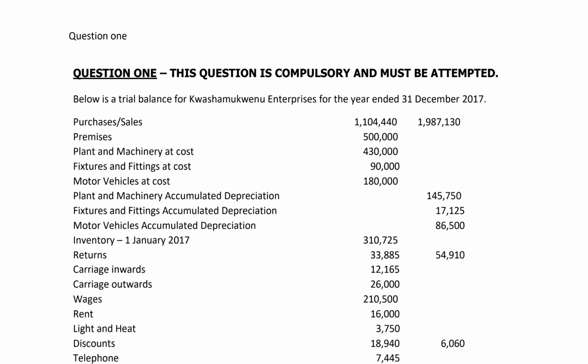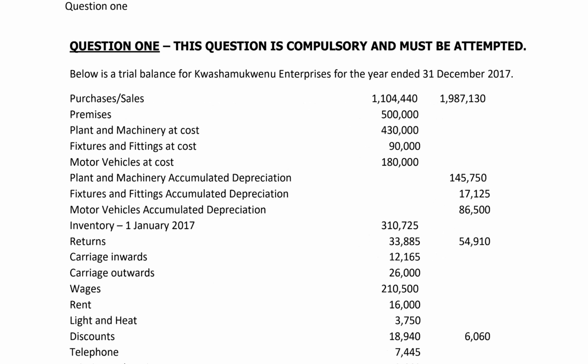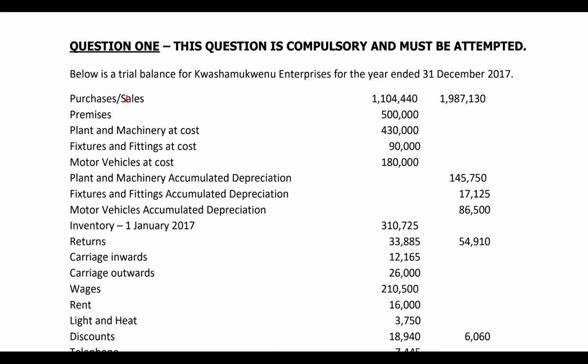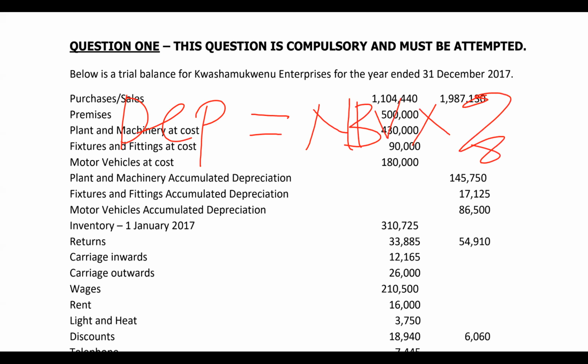This is how it shall be. Reducing balance method: the depreciation shall be equal to the net book value times the percent. What is net book value? Net book value is cost minus accumulated depreciation.